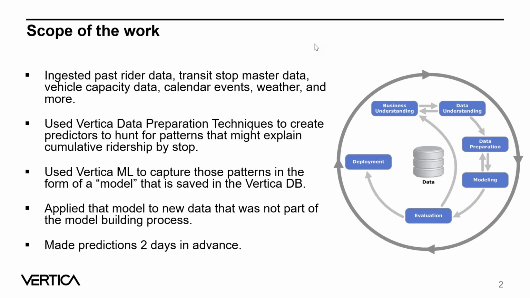Then after data preparation, we can try to find the modeling with machine learning techniques and other advanced techniques as well. Vertica has a wide range of functions, so our technology can support you to find the best way to process the data. Then after the machine learning techniques, we usually use an evaluation process.